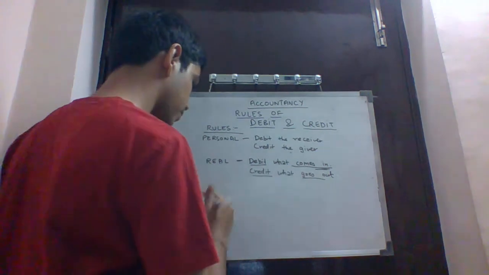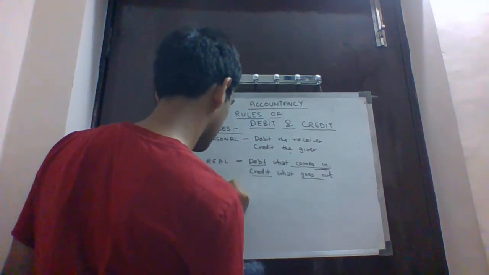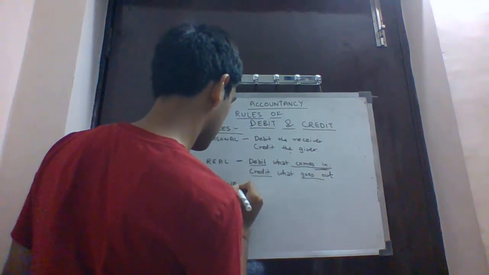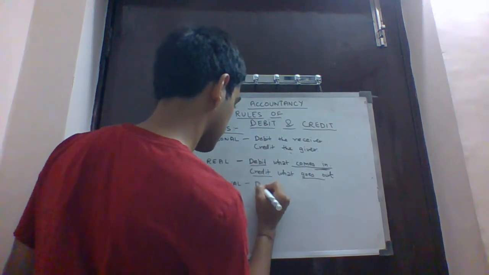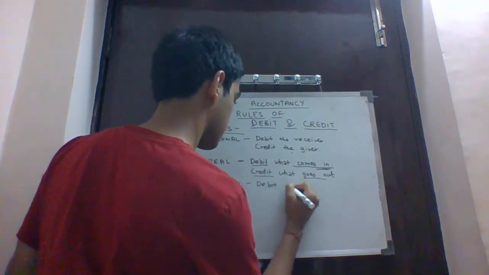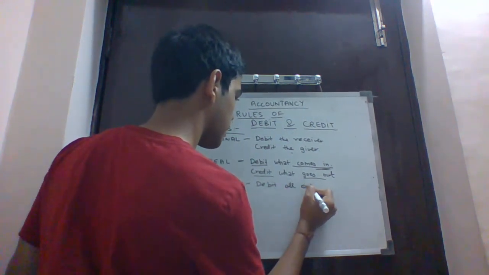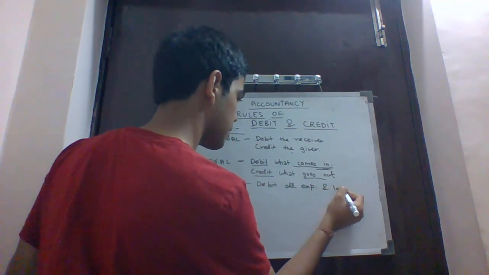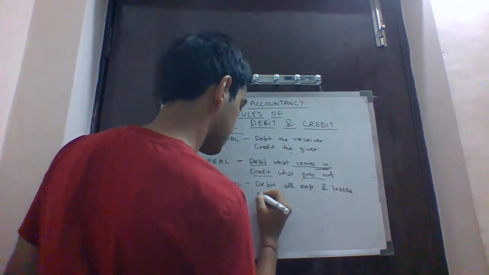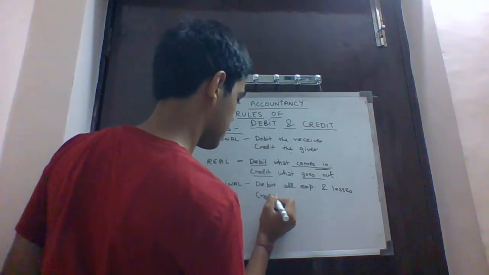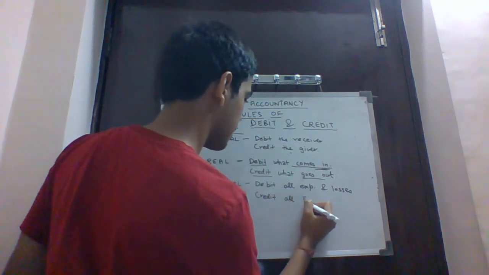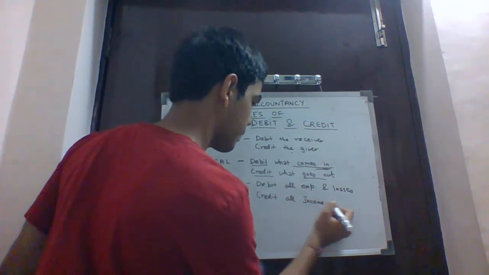And finally, for the nominal accounts, debit all expenses and losses, credit all income and gain.